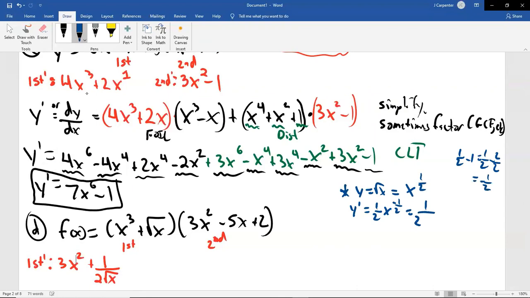That's 1 over 2 x to the positive 1/2, which is 1 over 2 square root of x. So that's where this came from. The last part of the first derivative came from all this blue stuff over here, just doing fraction subtraction.